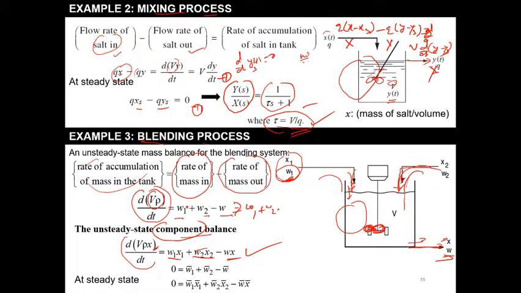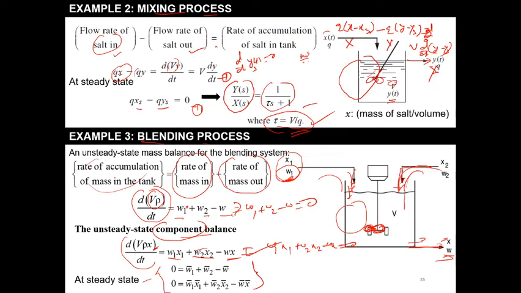W1 plus W2 minus W is equal to 0. And this equation becomes W1x1 plus W2x2 minus Wx equal to 0. So these two equations have been written based on their steady state values, right?